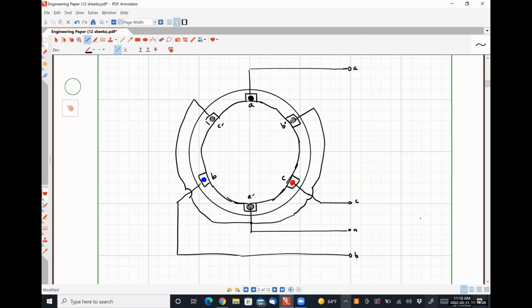Okay. So this is what's going on with my stator. Now let's talk about what's called the rotor. So in truth, the rotor is an electromagnet, but I am not going to bother with that because I don't know how to draw it right.